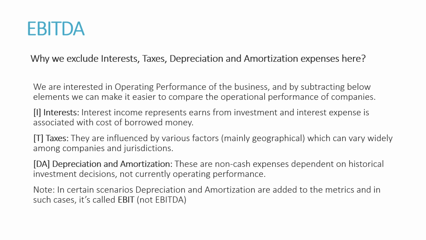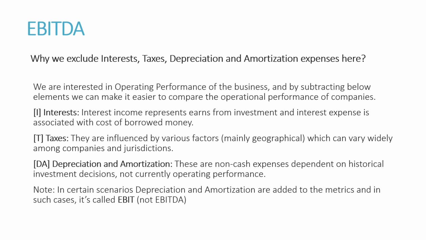Interest income signifies earnings from investment, while interest expenses are associated with the cost of borrowed money. Tax expenses are influenced by a variety of factors, primarily geographical ones. They can vary widely among companies and jurisdictions, making it difficult to make an apples-to-apples comparison.